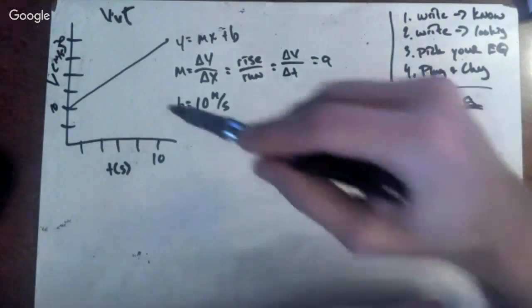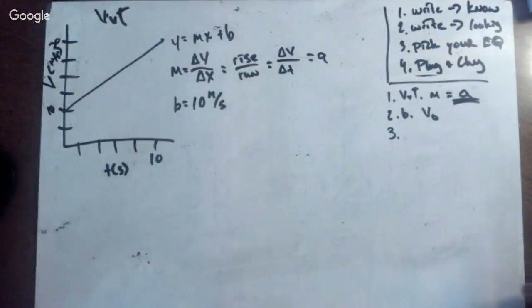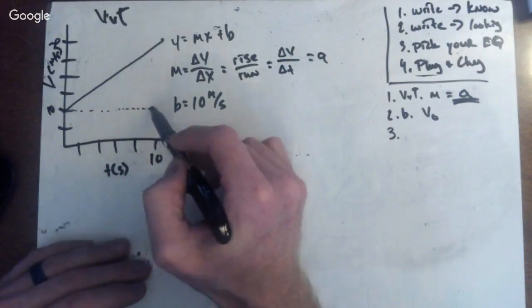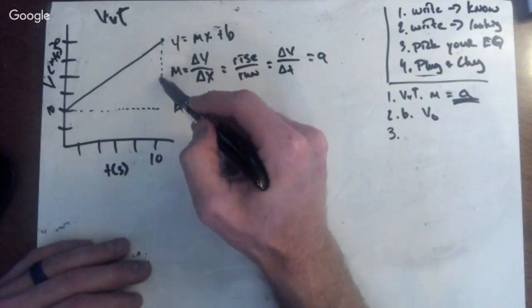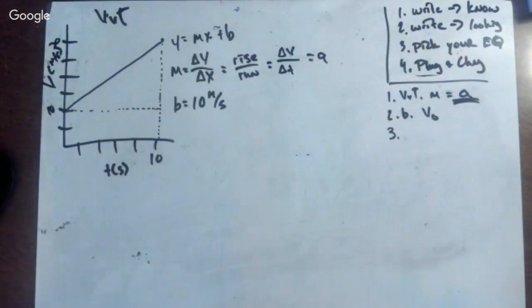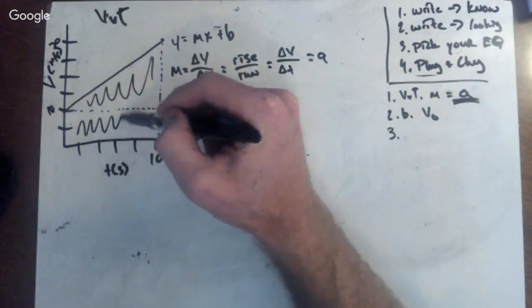And because this is a v-t graph, anybody out there who knows any calculus, the velocity versus time graph is going to be the derivative of the position graph. And in order to go backwards, we need to take the integral of the graph. And the simple way to take the integral of the graph, especially when it's a nice square shape like we've got right here, is to calculate the area under this curve.